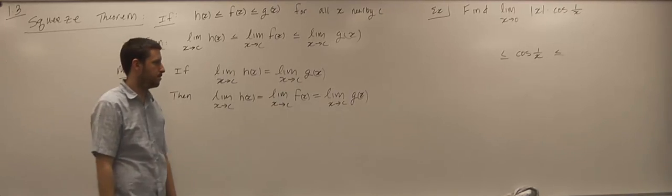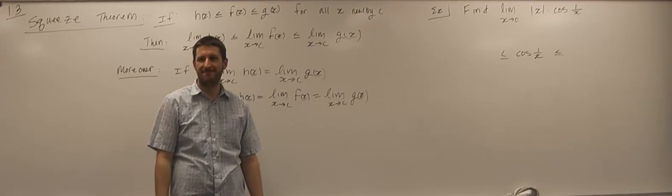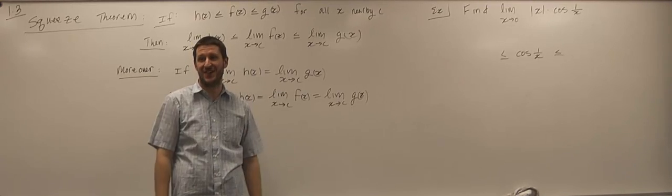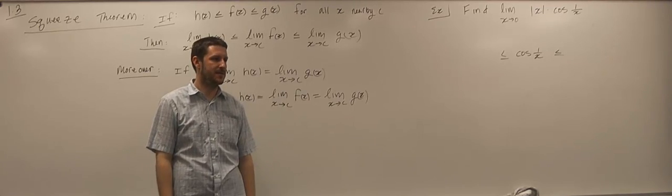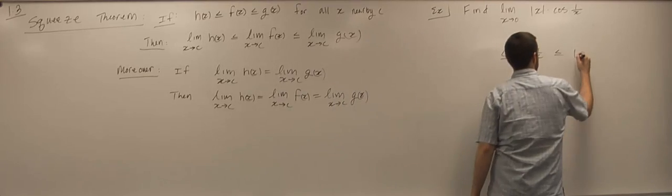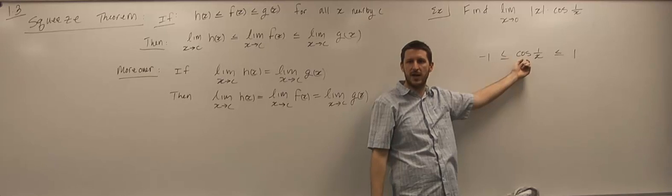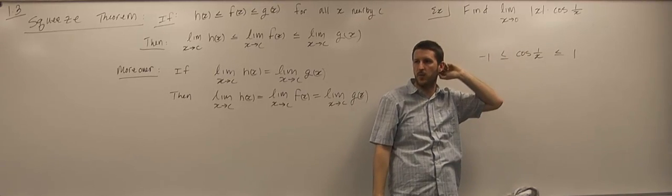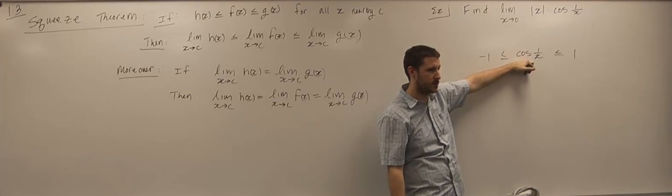It's more simply, what's the highest cosine can ever be? 1. What's the lowest? So certainly this function, whatever you put inside of it, because it's a cosine function, is going to be between -1 and 1.